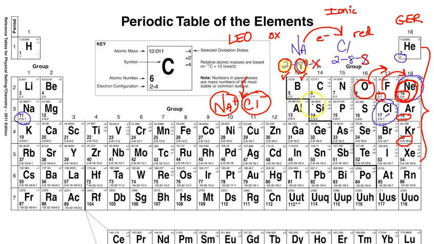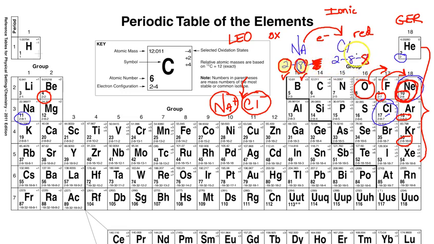So it's important that you realize that bonding between atoms is how atoms who don't have a what? A filled, completed outer shell, get a completed outer shell by using each other. In the case of sodium and chlorine, there was something called a transfer, a redox reaction, to occur in order for sodium now to have a completed outer shell, 2-8, and chlorine now to have a completed outer shell, 2-8-8.